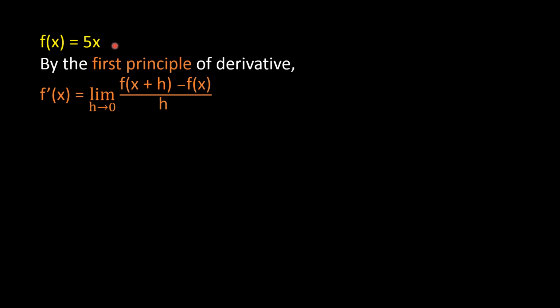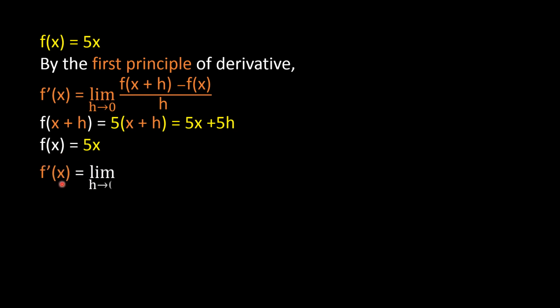We have f(x) here. We will find f of x plus h. So f of x plus h will be, we will replace x by x plus h, so 5 times x plus h will be 5x plus 5h. And f(x) is 5x.